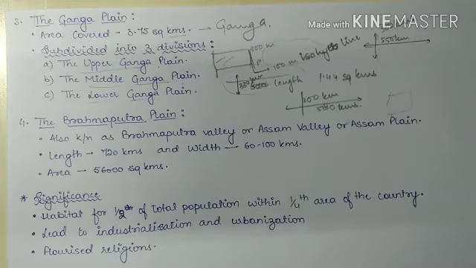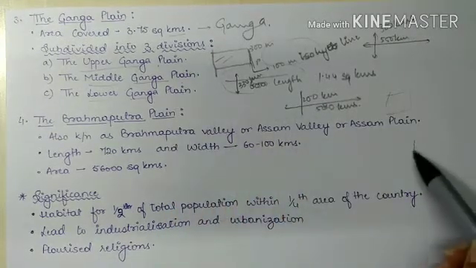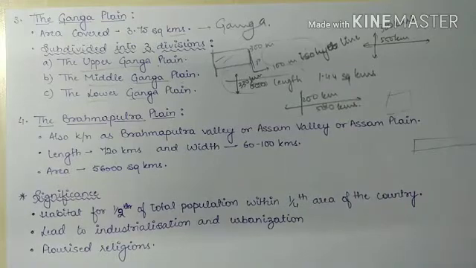The western boundary is formed by the Indo-Bangladesh border as well as the boundary of the Lower Ganga Plain.